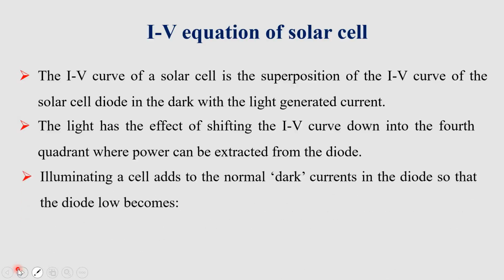Illuminating a cell adds to the normal dark current in the diode, so that the diode law becomes this equation: I equals I0 times the bracket exp(qV/nkT) minus 1, minus IL.